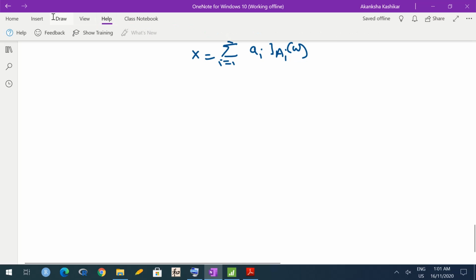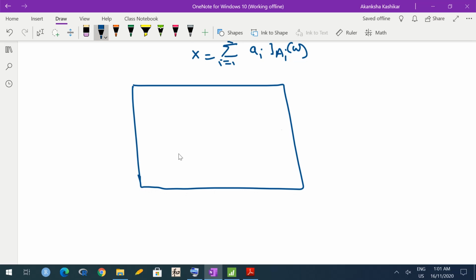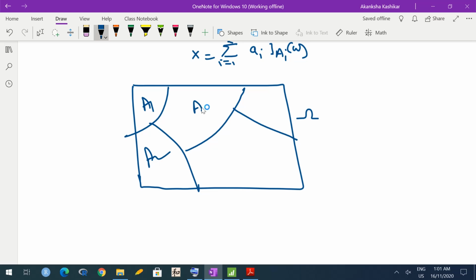Let me draw a picture. Suppose this is my entire omega. We first define the partition. So suppose this is the partition: I have A1, A2, A3, A4, A5. Now let me say that on this entire part A1, X takes value small a1.